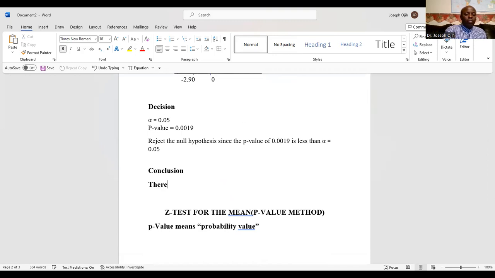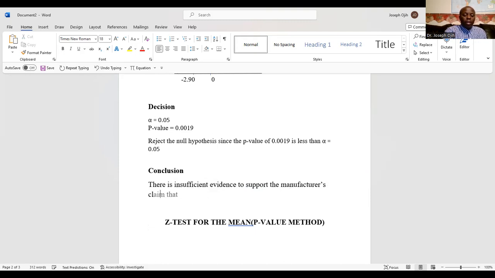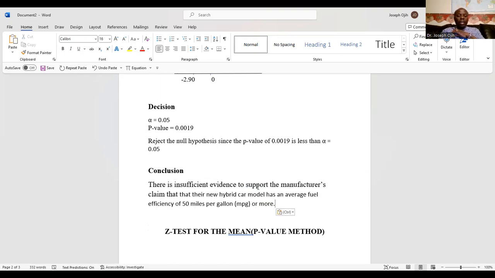There is insufficient evidence to support the manufacturer's claim that their new hybrid car model has an average fuel efficiency of 50 miles per gallon. So that is it.